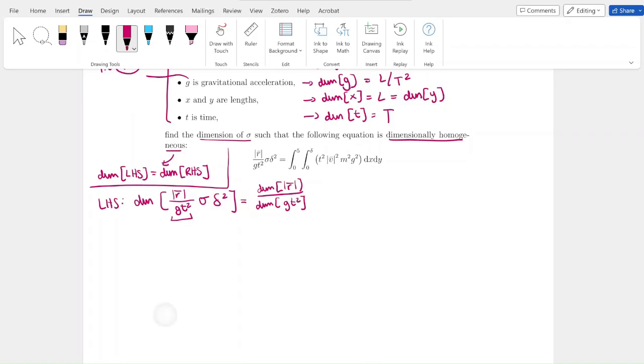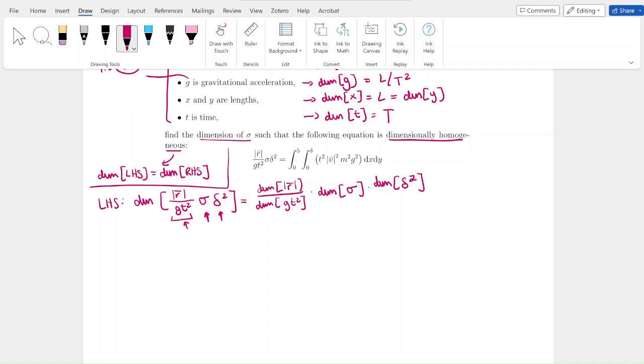Then remember our multiplication rule that if we have two quantities a, b multiplied together, then the dimension of a b is the dimension of a times the dimension of b. So this means we have the dimension of this quantity times the dimension of this quantity times the dimension of delta squared.